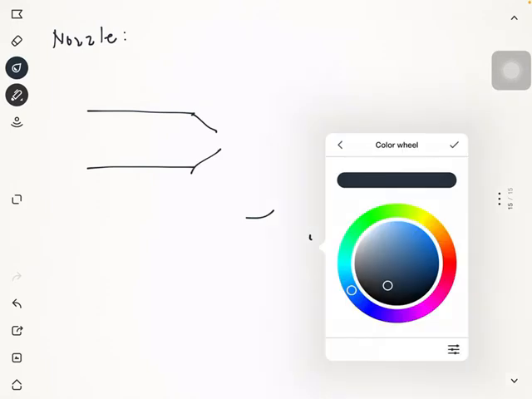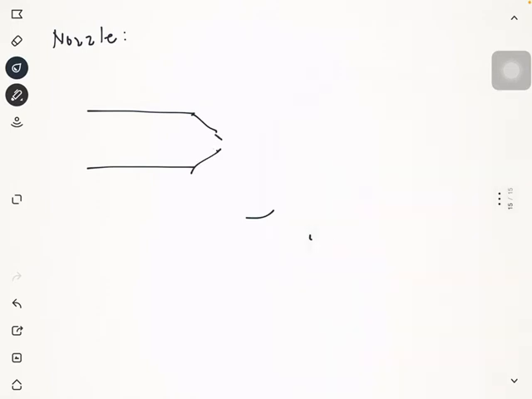That is for a pump. And for the nozzle, for example, you have this nozzle here. This is the exit, and this is our inlet here.